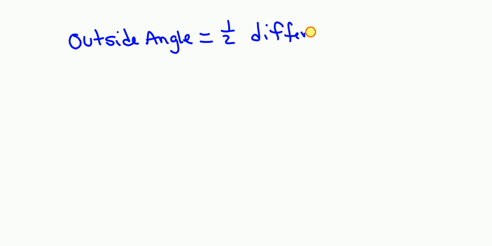So the outside angle is always equal to 1/2 the difference of the two intercepted arcs. This formula is for all three of the outside angles. So let's look at the first one.